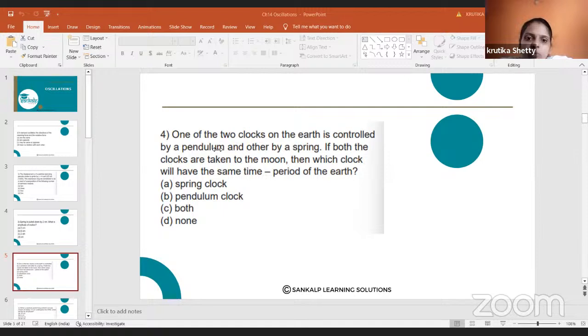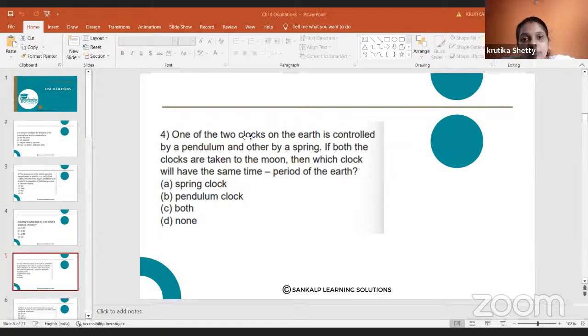So you have 2 clocks here. One is a pendulum clock and one is a spring clock. So if both the clocks are taken to the moon, we need to consider the time period of the spring and of the simple pendulum.